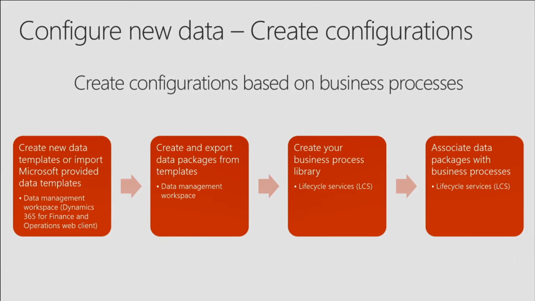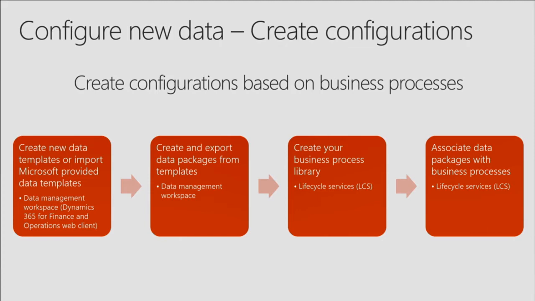Once you create those data templates, you can export data packages out of these templates. These data packages can be uploaded to LCS. You will create a business process library in LCS and associate these data packages with it.